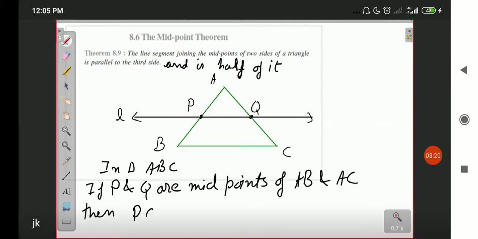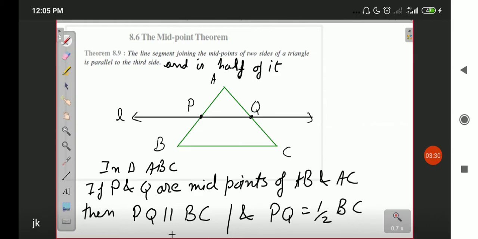First of all, PQ will be parallel to BC, and secondly, PQ will be half of BC. Okay, these two things will happen. On joining the midpoints of any two sides of the triangle, the line we get is parallel to the third side of the triangle and is half of it. This is the midpoint theorem for you.